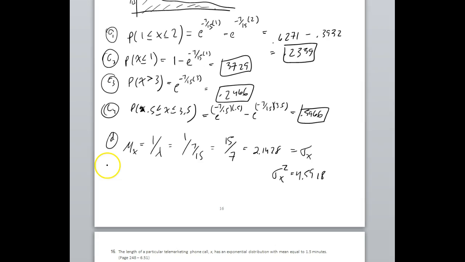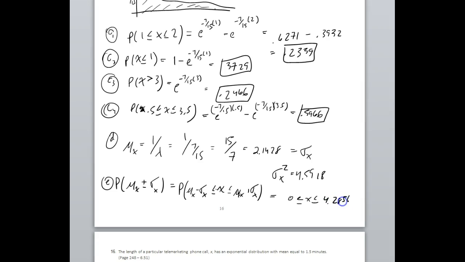So E is the probability of x within mu of x plus or minus sigma x, which is the probability that x is between mu of x minus sigma x and mu of x plus sigma x, which, if we calculate it, is x between 0 and 4.2856.